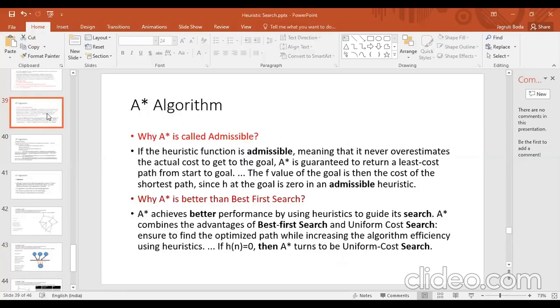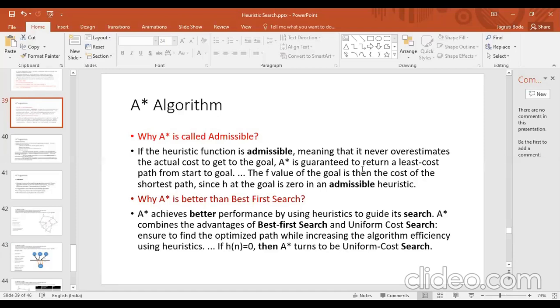Now we see why the A-star algorithm is called admissible. So why is A-star called admissible? If the heuristic function is admissible, meaning that it never overestimates the actual cost to reach the goal, A-star is guaranteed to return a least cost path from the start to the goal.